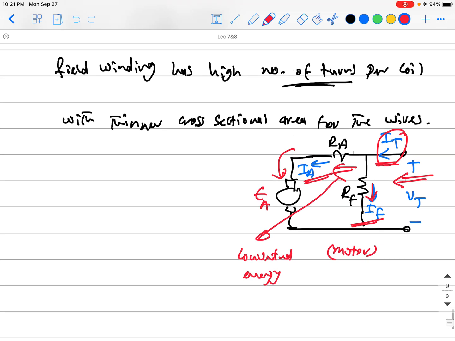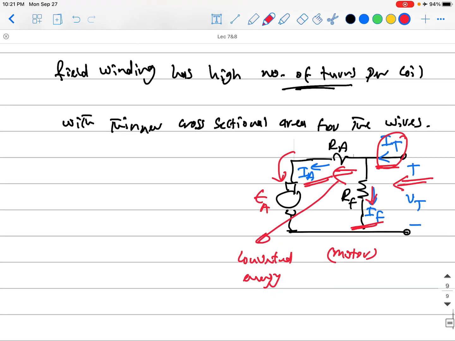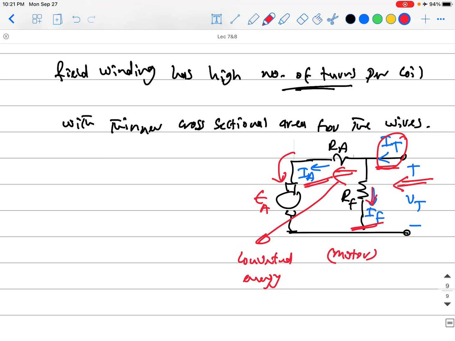Simple as this, because for shunt excited or separately excited, it will be the same idea. If you can create the same amount of field you want with as little current as you can, that will be much better. And if you go back to electromagnetic field equations, the flux simply equals N times I divided by the reluctance.